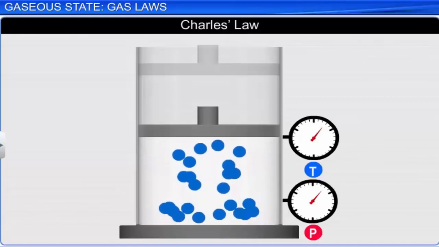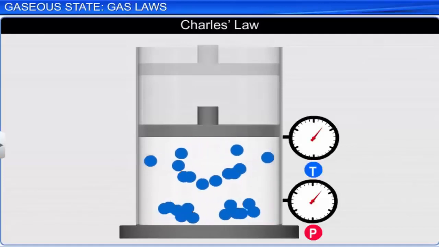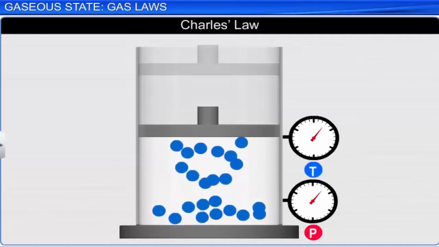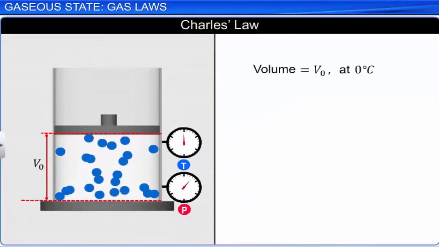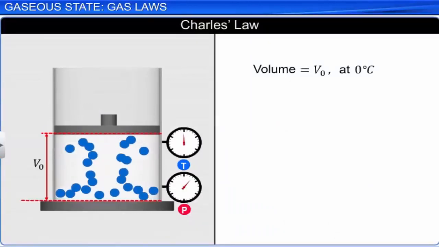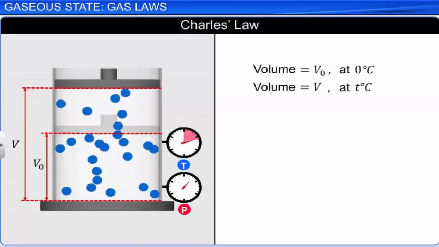Let's understand this through a mathematical expression. Let V0 be the volume of a fixed mass of a gas at 0 degrees Celsius, and let V be its volume at temperature T degrees Celsius at the same pressure.